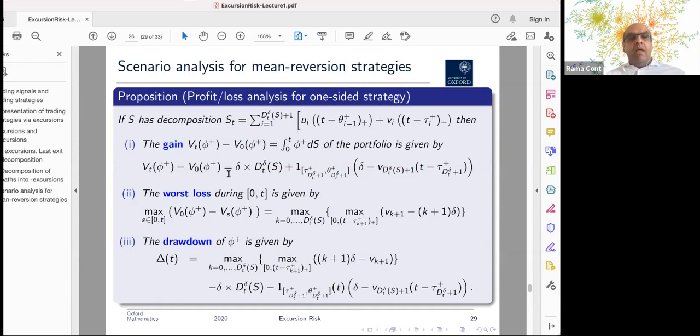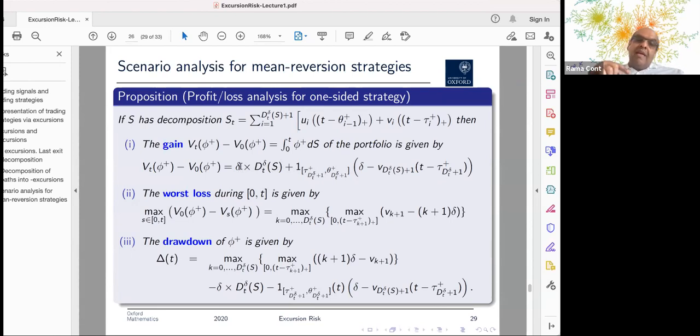For example, what is the gain of the portfolio at time t? Well, it has this nice decomposition. I will comment on that later. The gain of the portfolio at time t has two terms in it exactly. The first term is what we call the realized gain.